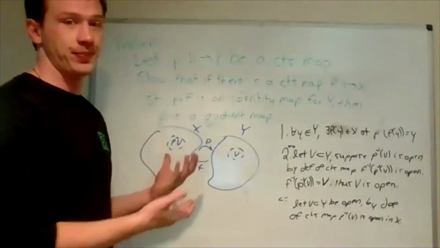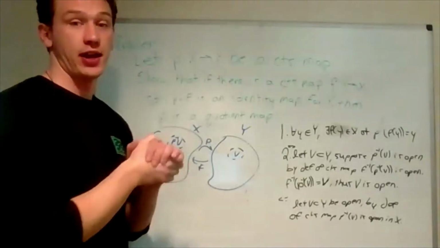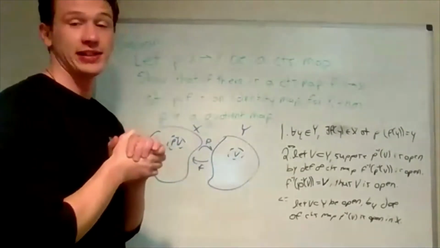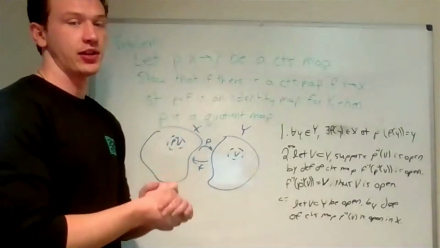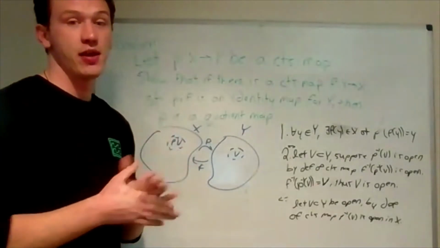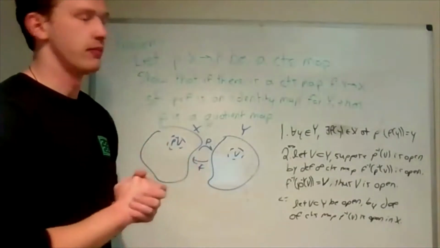So we have this problem. Let P be a continuous map from X to Y. Show that if there's a continuous map f that takes you from Y to X, such that the composition P of f is an identity map for Y, then P is a quotient map.